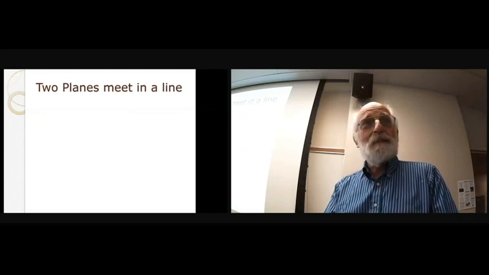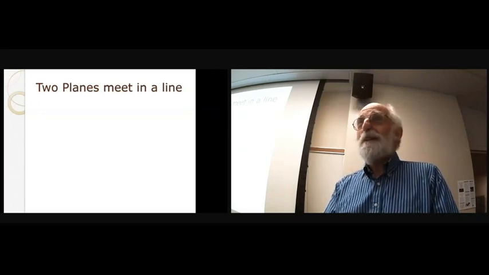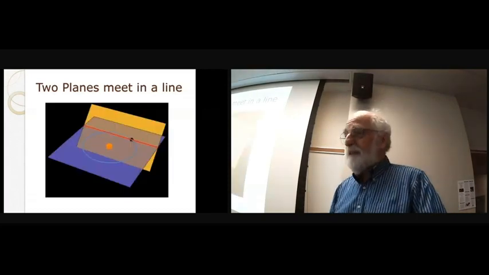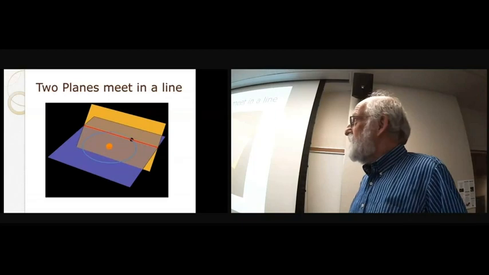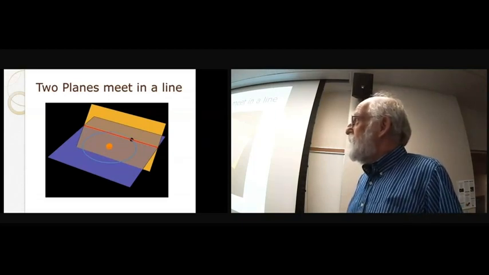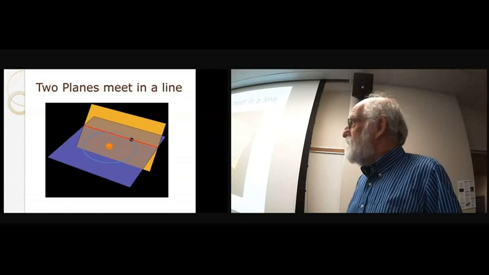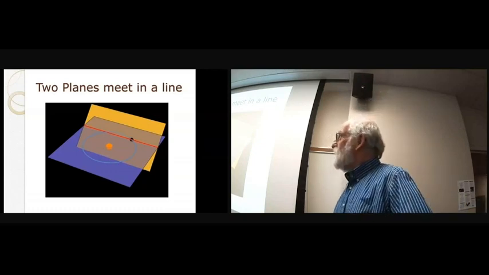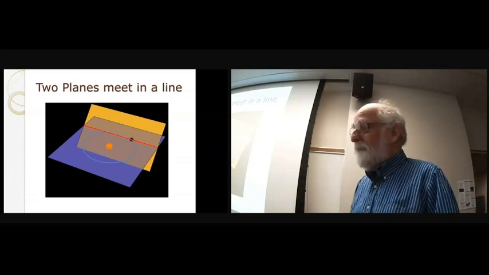If you have two planes and they're not parallel, they meet and their intersection is a line. So here's a picture. The yellow plane is the plane of the Earth and the moon, and the purple plane is the plane of the Earth and the sun.